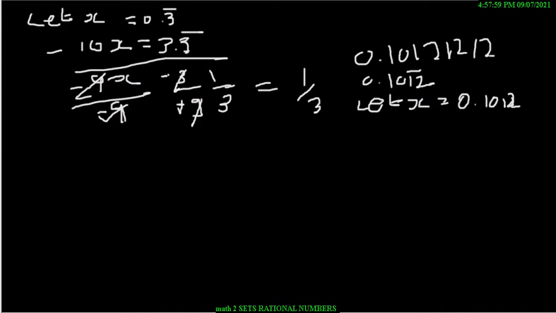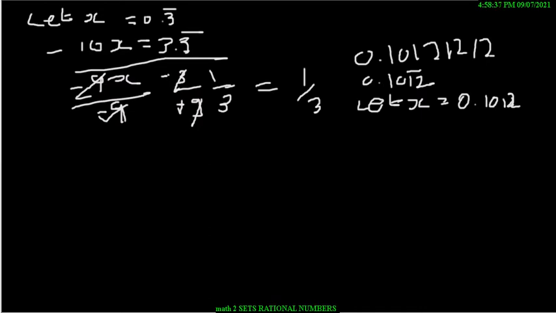So we want what is repeating to be on its own, both before the decimal place and after the decimal place. So like what we did here, we moved it once because we wanted the 3 to be before the decimal place and after the decimal place. In this case, we have to move 1, 2, 3, 4 decimal places.